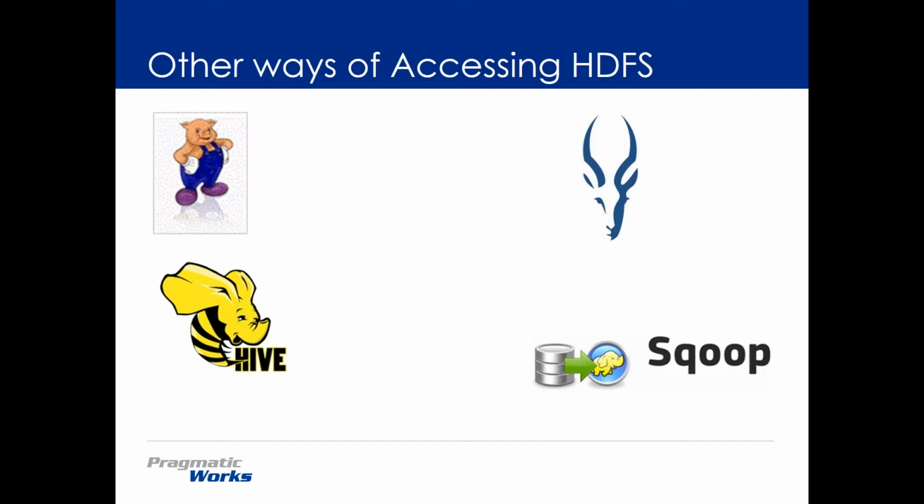Both Pig and Hive are SQL-like, and I'm going to show you a little example of how SQL-like they are, so you can see how close they are. I talked a little bit about the Impala database, but I will say it's fast. I have played around with it. It's free, and it uses standard ANSI SQL.